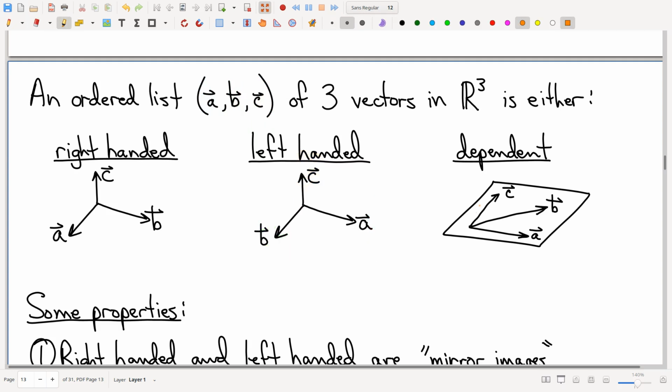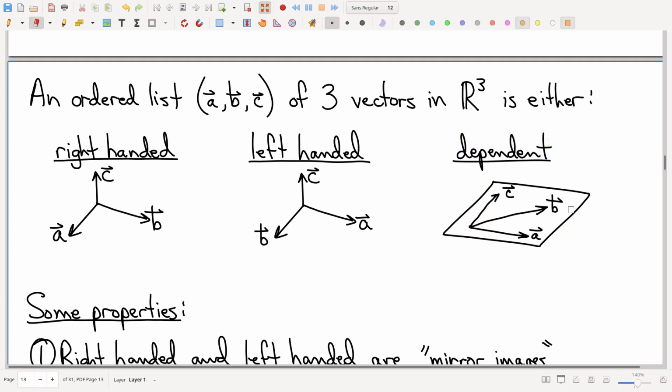So for example, the third vector could be parallel to the plane instead of on one side or the other. Or it could be the zero vector, or A could be the zero vector, or all of them could be zero. There's various annoying little cases, but of course all of those fit again into this wonderfully convenient little category of linear dependent. Yeah?